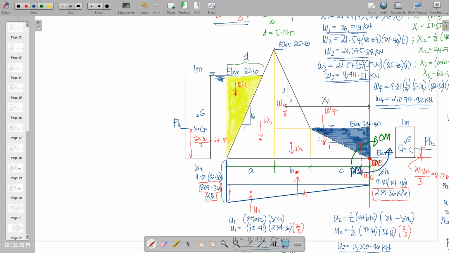So what are the forces along the RM direction? Say this is the righting moment. So what are those forces that will contradict or go along this direction?